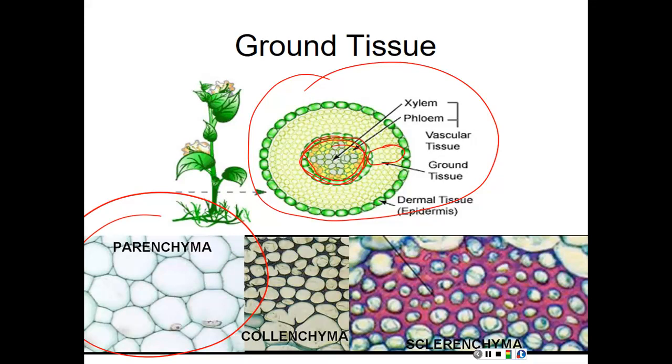A lot of times what you see is that these cells are a little more thickened, like in the corners, and so they still have some flexibility. A good example of collenchyma cells are these strings in a piece of celery, right, that you get stuck in your teeth. The reason you can't really chew those is because they're collenchyma cells that have a little extra thick cell wall. And then finally, the thickest of all are the sclerenchyma cells.